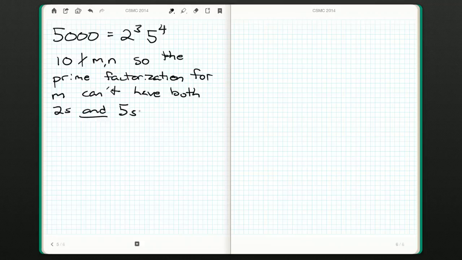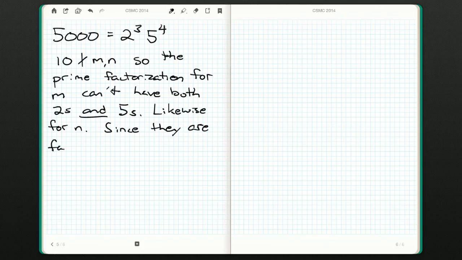You can't have 2s and 5s, otherwise we'd have a 2 times 5, which is a factor of 10. And the same goes for n. Now we know that m times n is equal to 5,000. So we know they're factors of 5,000. And as factors, their prime factorizations can only have 2s and 5s.